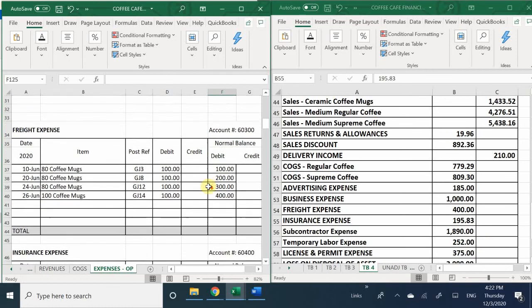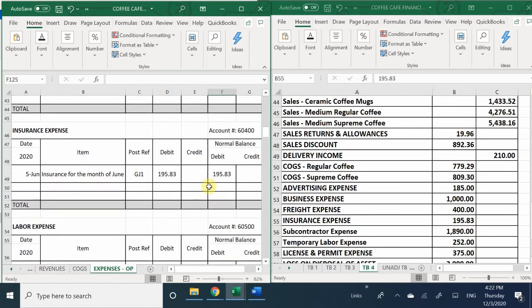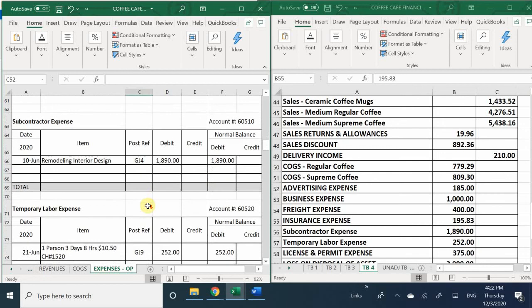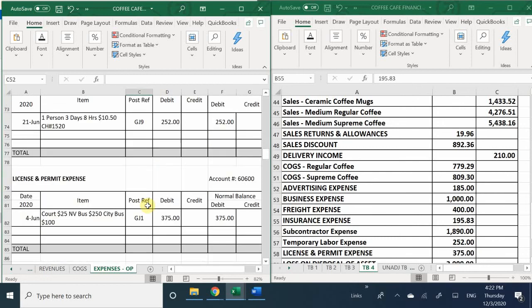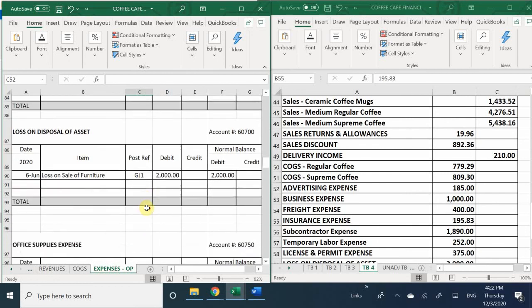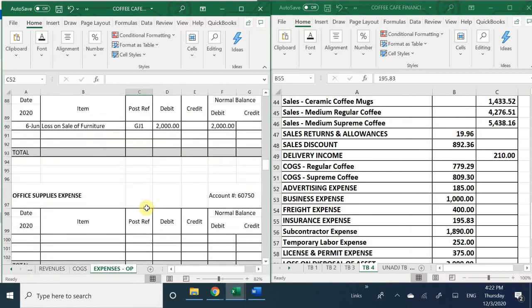Okay. And then what about our insurance expense? That's the same. Our labor expense or our subcontractor and temporary, same. Our license and permit is the same. Loss on sale of an asset is the same.